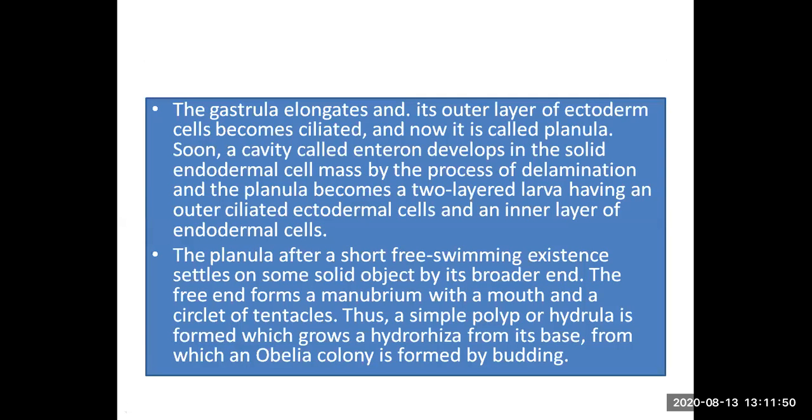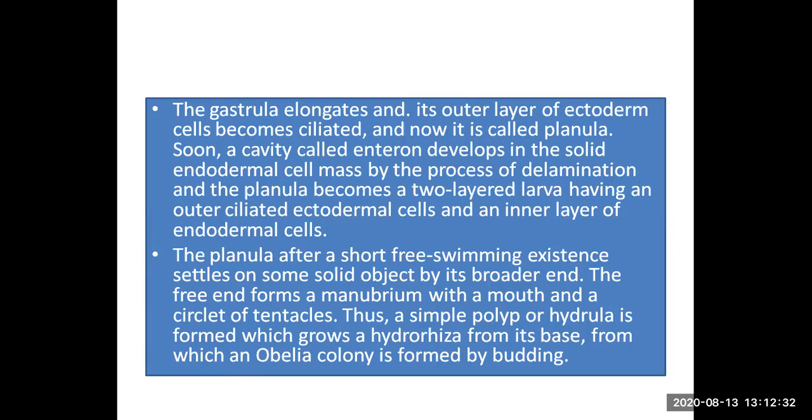The gastrula elongates and its outer layer of ectoderm cells becomes ciliated, and now it is called the planula. Soon a cavity called the enteron develops in the solid mass by the process of delamination, and the planula becomes a two-layered larva having outer ciliated ectodermal cells and an inner layer of endodermal cells.